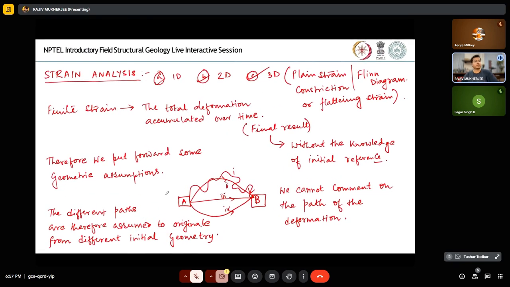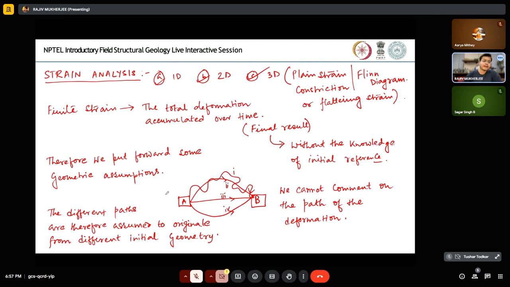Okay, so that being said, there are some strict rules of thumb, or you can say primary assumptions, about how we infer the initial object, right?